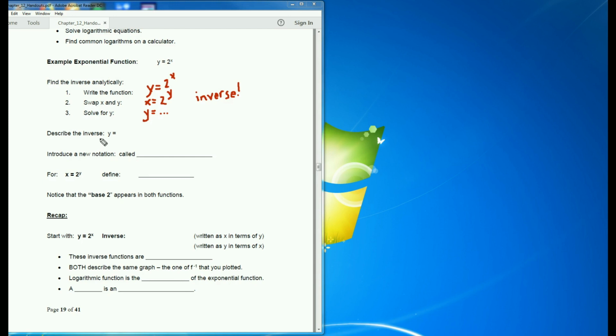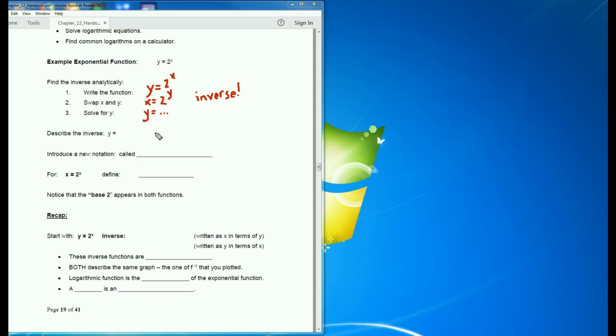So if we wanted to describe the inverse in words, we could say something like y equals the exponent to which 2 must be raised to obtain a value x. Okay, one more time. We could describe it in words as saying y equals the exponent to which 2 must be raised to obtain a value x.